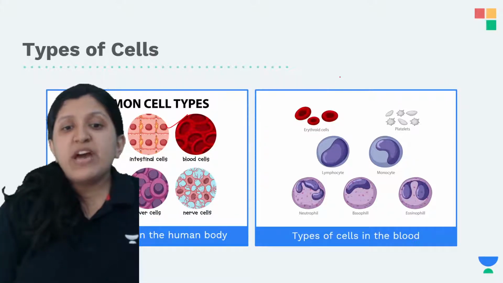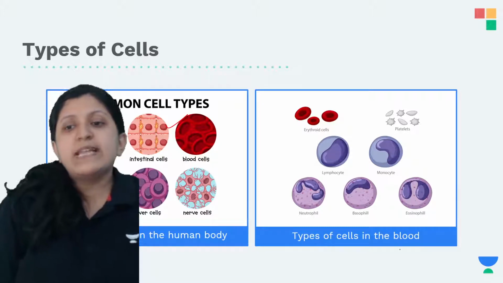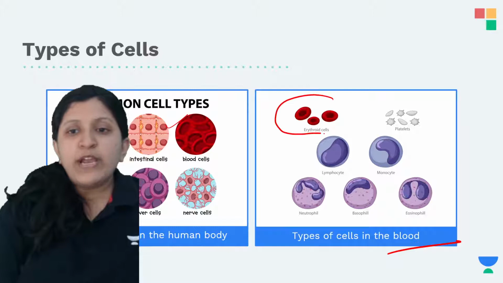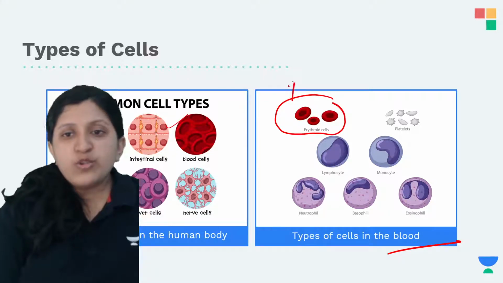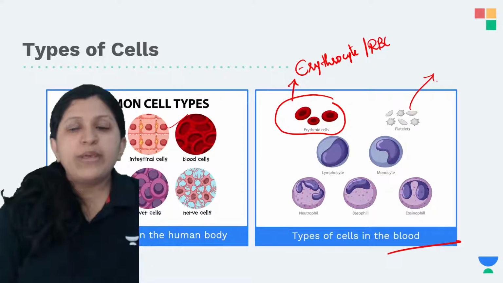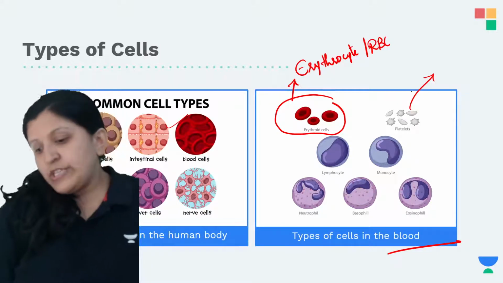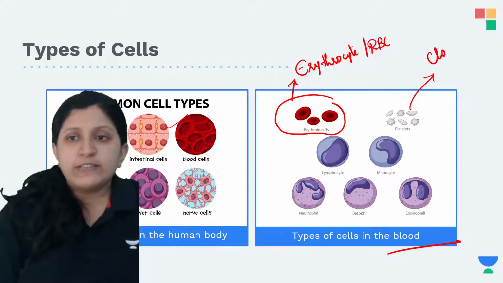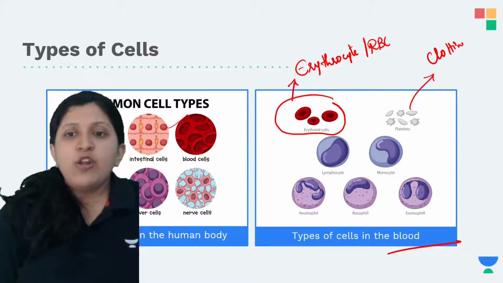Now the ones given here are the types of cells in the blood: the erythroid cell, also called an erythrocyte, which is even called an RBC. Now you can see this one being the platelet, which has a role in clotting.